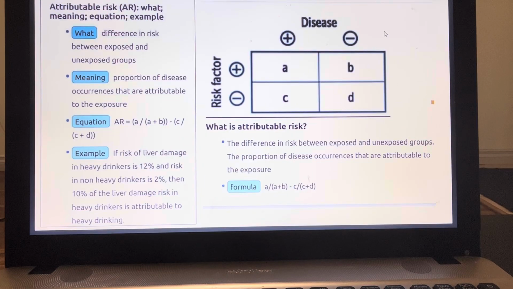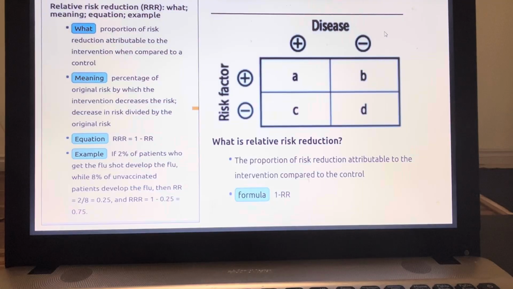Then we have relative risk reduction. In relative risk reduction, we will do 1 minus relative risk. It's the proportion of the risk reduction attributable to the intervention when compared to the control.